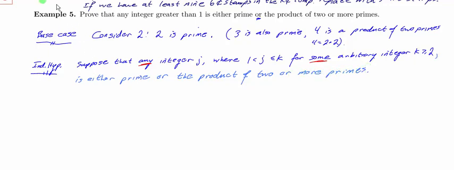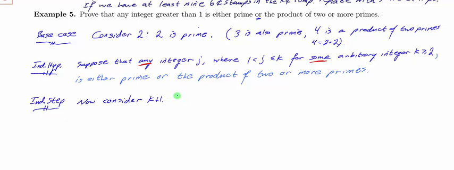Now let's look at our inductive step, which will mean that we're going to consider k plus 1. So we're going from k to k plus 1. Well, for any integer, there are two possibilities. It's either prime or it's not prime, i.e. it's composite.